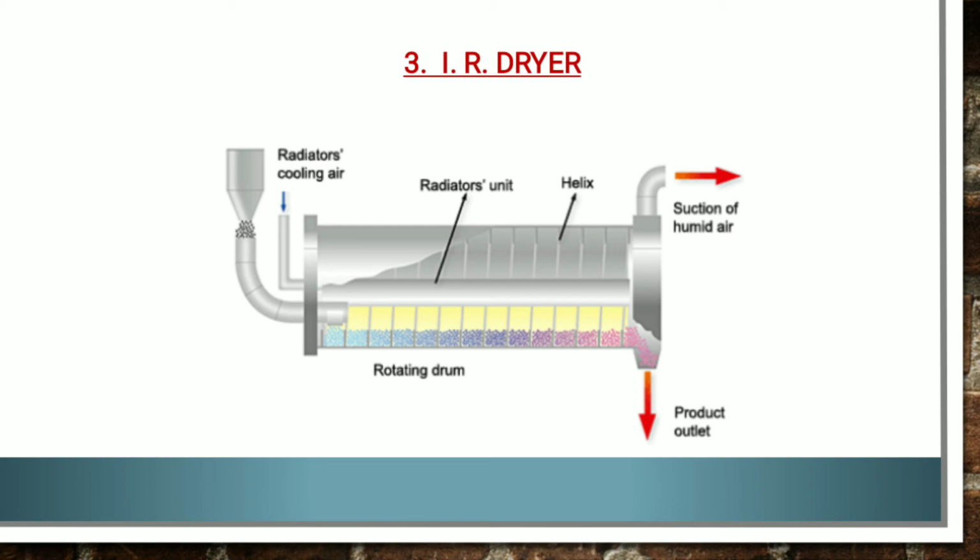So your IR dryer is highly efficient in converting electrical energy into heat for electrical IR, then has a greater rate of heat transfer, compact in size, heat only the object without heating the environment, easy to zone for uniform heating of the product, and also it is easy to control.